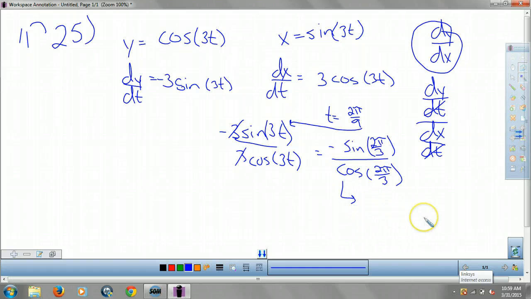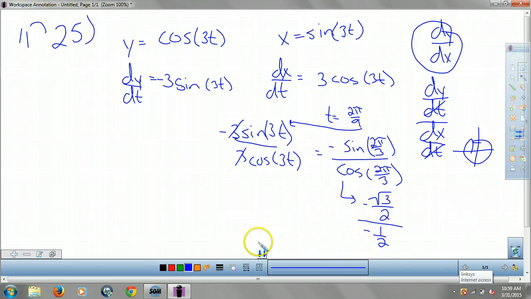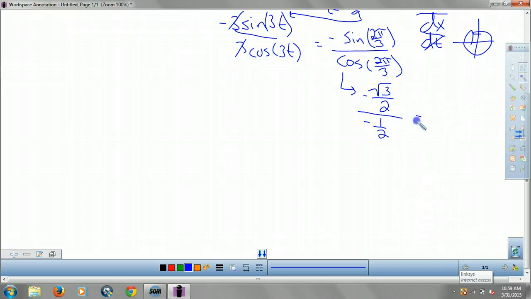And according to your unit circle, sine of 2 pi over 3 is 1/2, square root of 3 over 2, all over cosine of that, which is negative 1/2, right? So if you simplify this beast, you just get a positive root 3, which is your slope at that point.